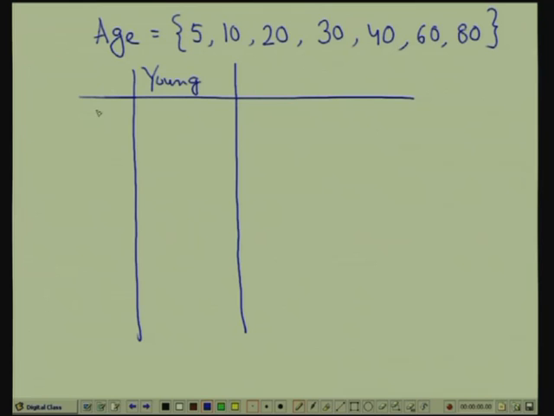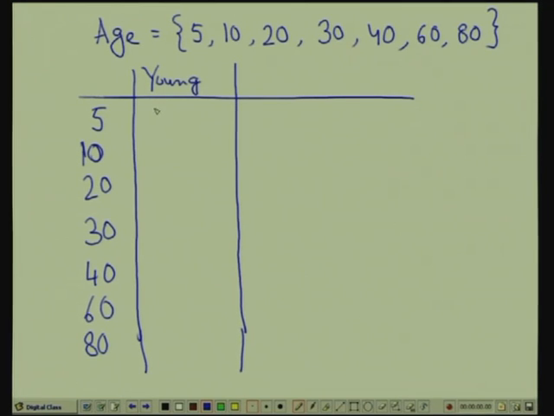And here I put in say 5, 10, 20, 30, 40, 60, 80. Now, I put in the memberships that 5 is certainly young, 10 is certainly young, 20 is certainly young, 30 is say 0.6, 40 is 0.5, 60 is 0.1 or 0.01 and 80 is 0.